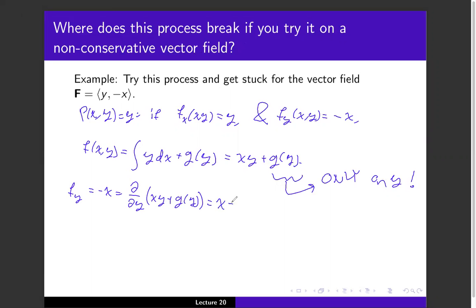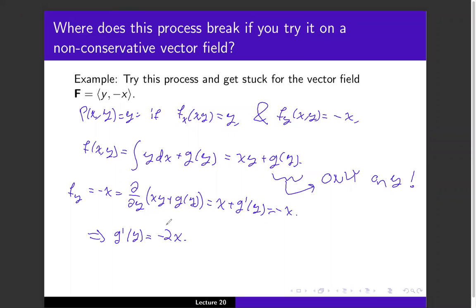And that's going to be x plus g prime of y. And again, that's equal to negative x. Well, wait a minute, we're in trouble now. What does that mean? That means that g prime of y, which again only depends on y, is actually equal to negative 2x.